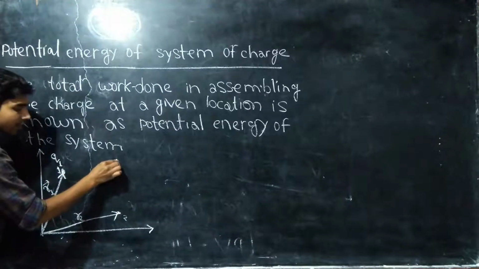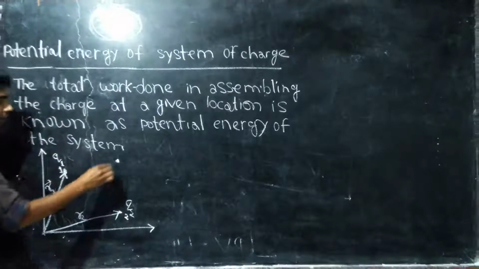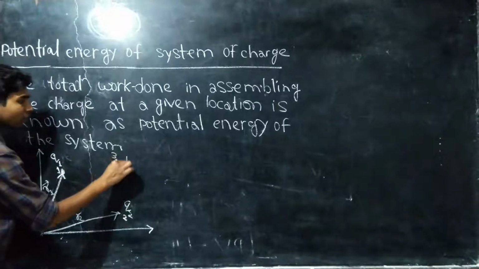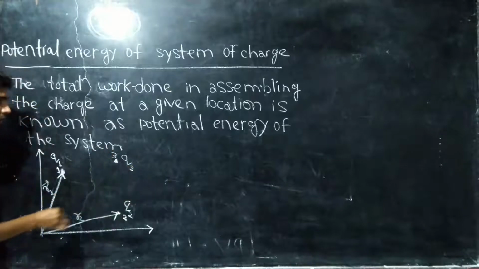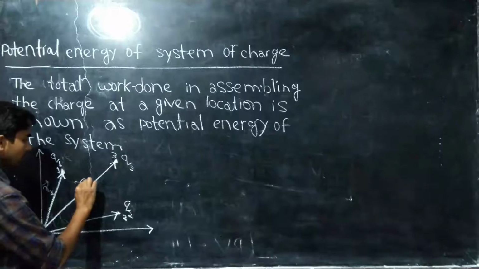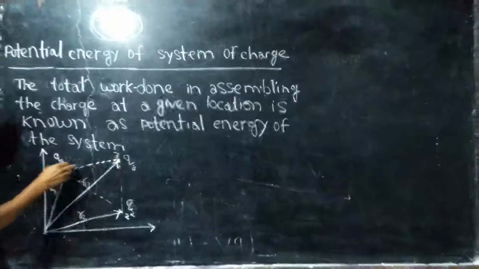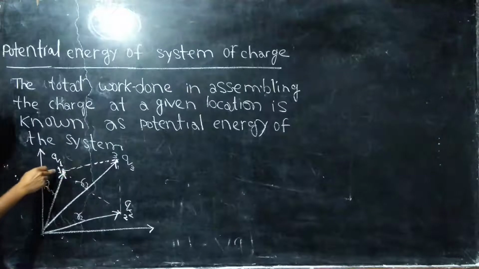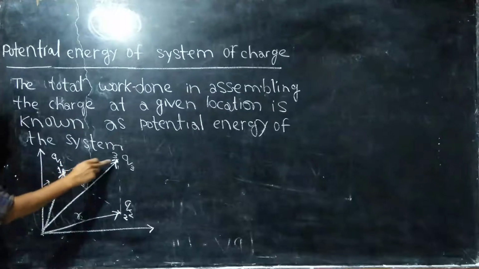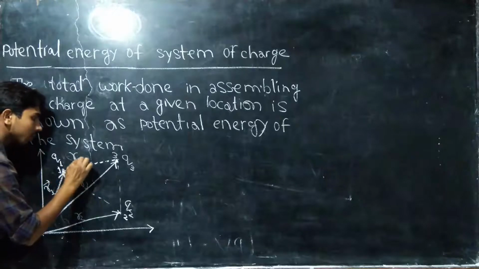And one more point is present, and here charge q2 is present. Another point is here. At this point, charge q3 is present, and the position vector of this point is r3. Now see, this is the distance between point 1 and point 3, represented by R13.